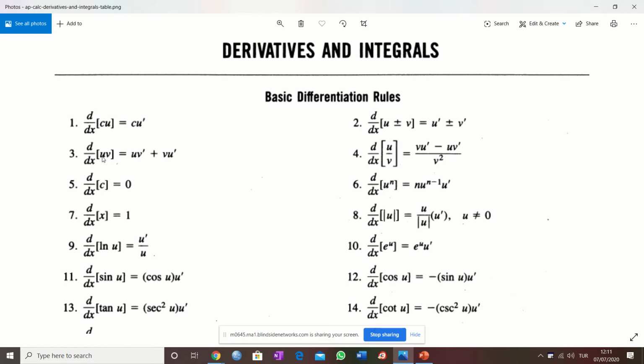Let us say u is a function in terms of x and v is a function in terms of x. The product rule says: write the first one, take the second one's derivative, plus write the second one, take the first one's derivative. So this is the product rule.